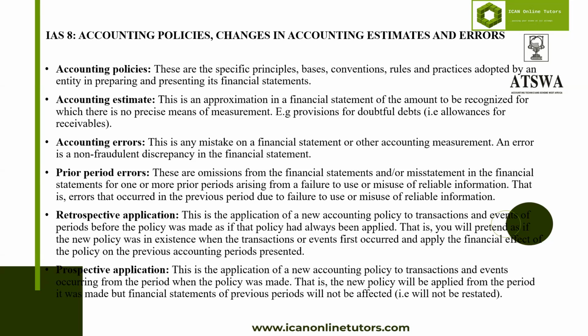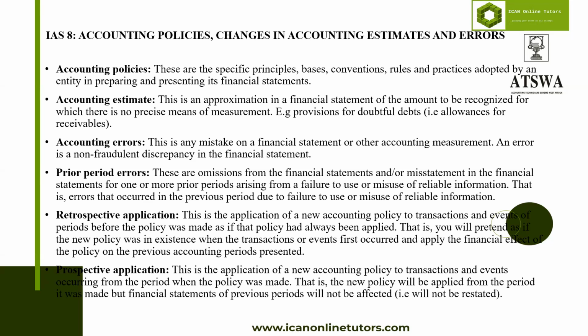What are accounting errors? Accounting errors refers to any mistake in the financial statements or other accounting measurement. An error is a non-fraudulent discrepancy in the financial statements. So if you make a mistake in preparing the financial statements regarding accounting measurement or expression of figures, we can refer to it as accounting error.